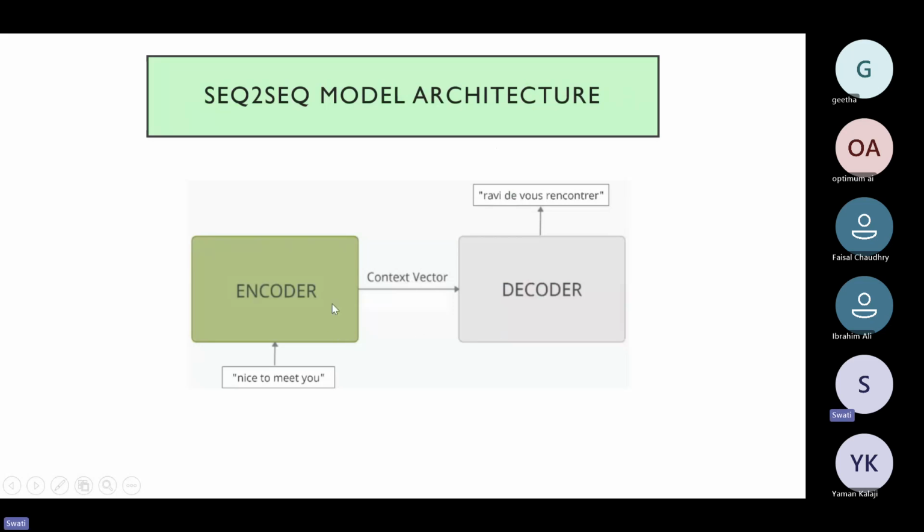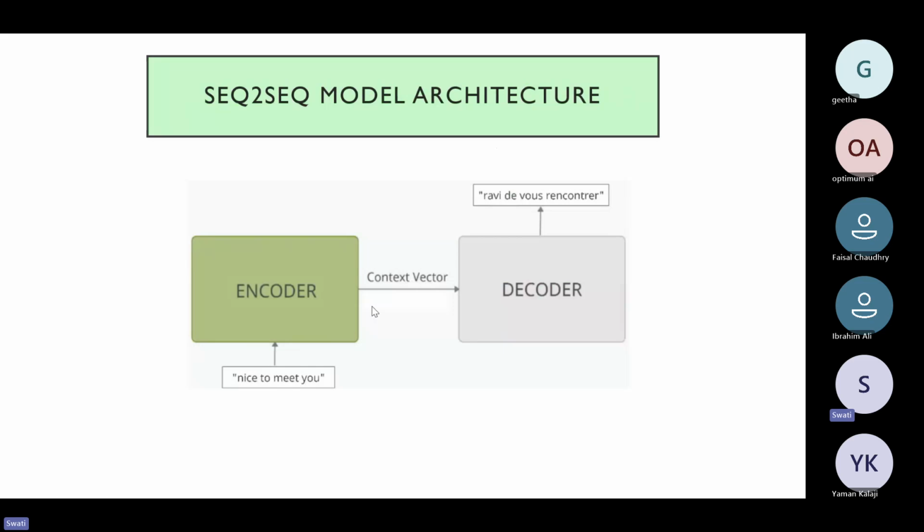So what is the task of the encoder? The encoder will take the input sequence. Suppose this is our input sequence, as we are doing a machine translation example. It gets the data from here, understands the input, and gives a context vector, meaning some hidden states and cell states.